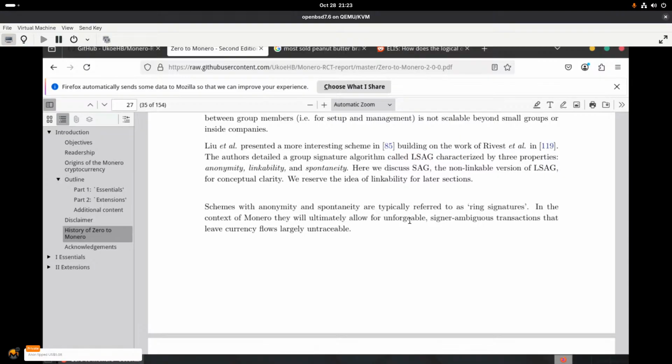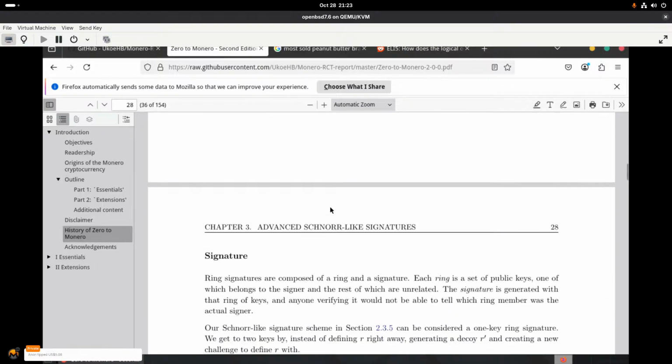Largely untraceable. Yeah, this is something that I think everyone figures out and becomes aware of when you get into Monero. One of its strong components is ring signatures. This is what FCMP++ is supposed to build upon and be super, like, ring signatures on crack. It creates thousands, tens of thousands of signatures.